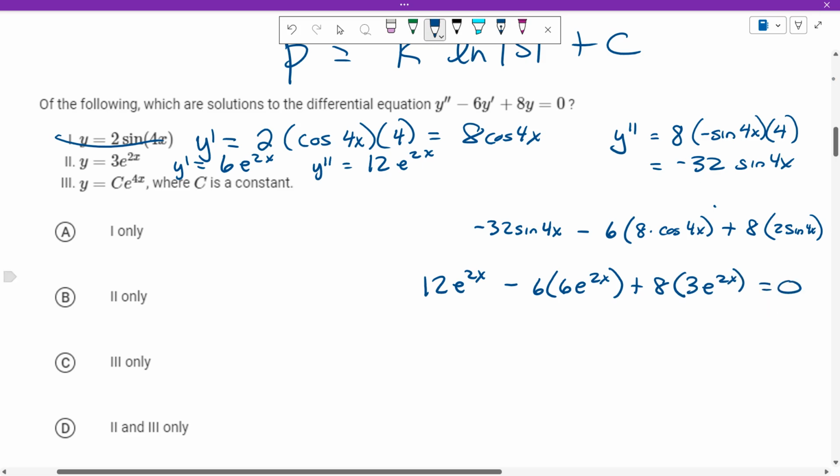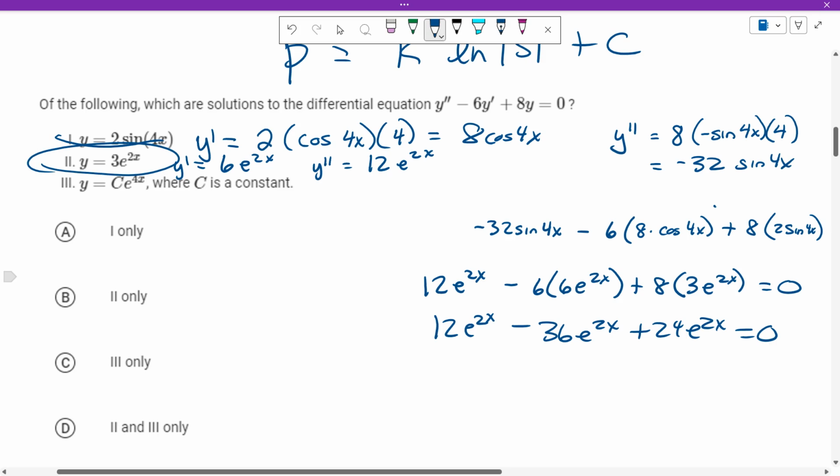See if that equals 0. Is 12e to the 2x minus 36e to the 2x plus 24e to the 2x 0? Sure is. So that one works.